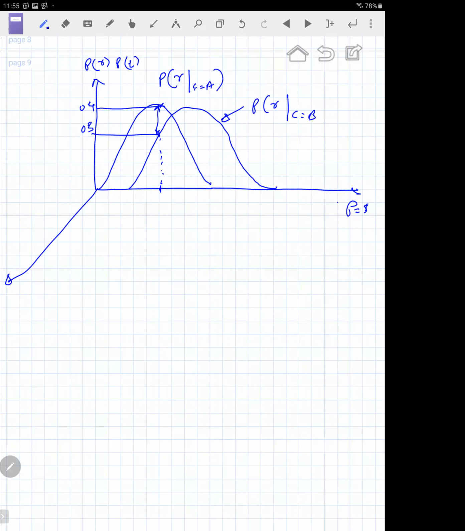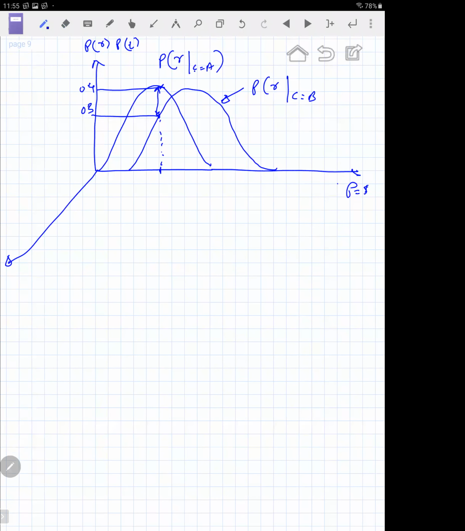Now, what happens when we have the case of probability of temperature given city A, and it so happens that the tier B cities actually came from a geography which had very different temperatures. Probability of temperature given city B was completely different. So what this plot says is that if I take a measurement from city A, and look at the temperature distribution across my measurements of the houses, I see something like this kind of a curve.